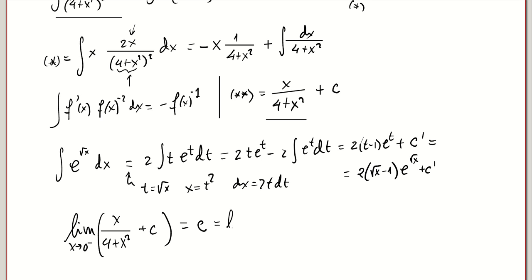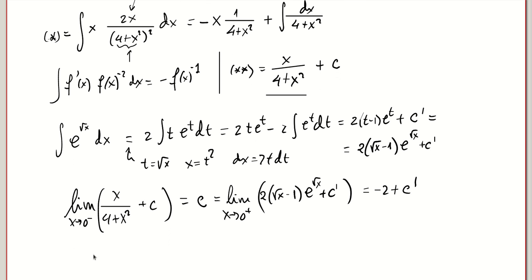And that must be equal to the limit when x goes to 0 on the right of 2(square root of x minus 1) e to the square root of x plus c prime. So if we take the limit here, this is 0, this is 1, so it's minus 2. So you get minus 2 plus c prime. And from this equation, since the function has to be continuous, c prime must be c plus 2.